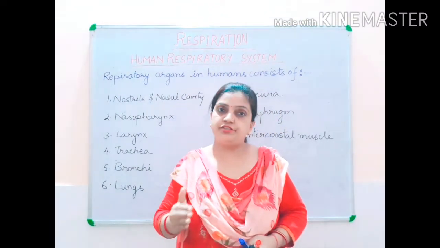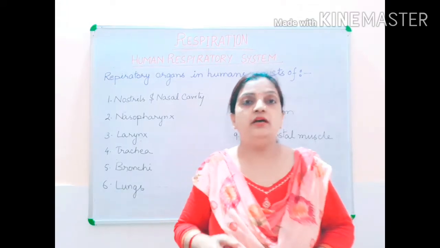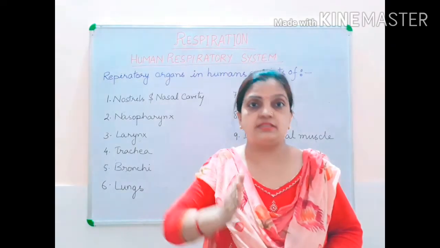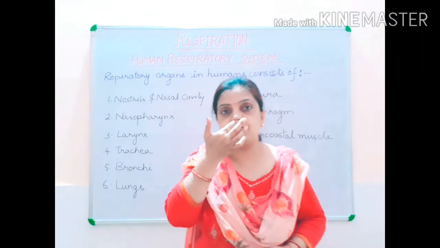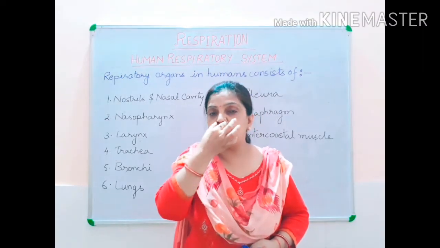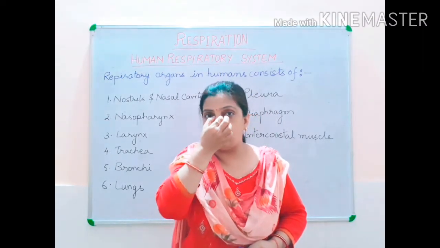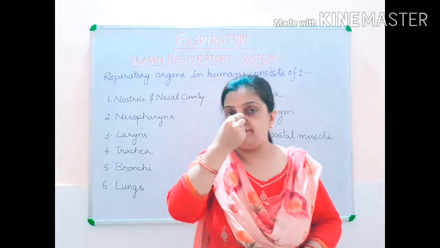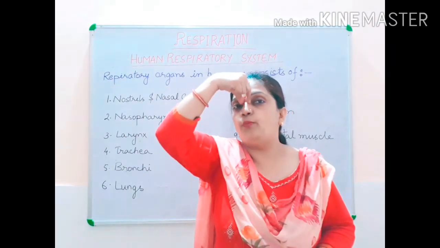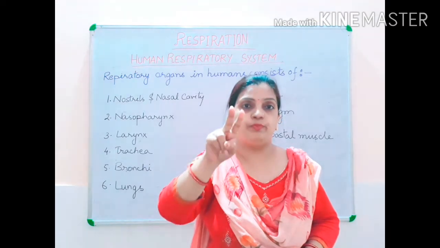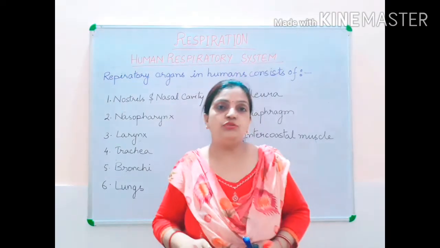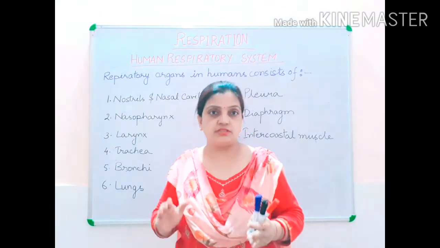Septum means partition, separation. In the diagram I will be showing it. This separation separates the 2 nostrils into 2 nasal cavities. And these 2 nasal cavities internally open into 2 small openings called nasopharynx. Hope this much is clear.